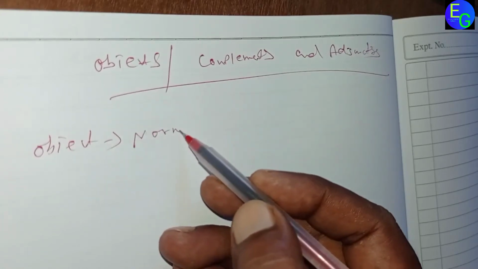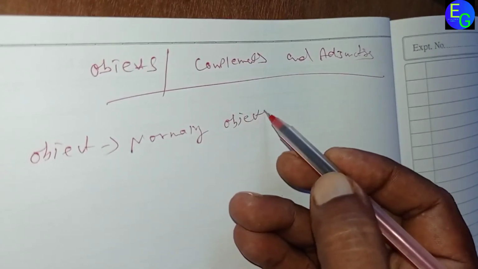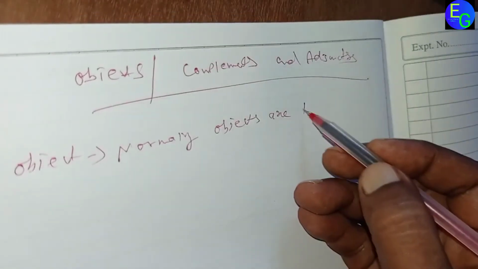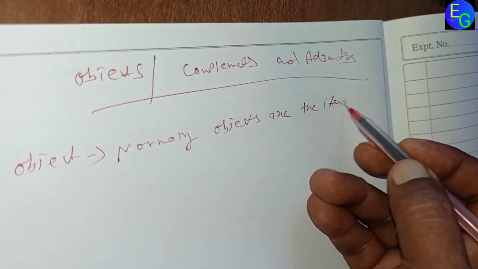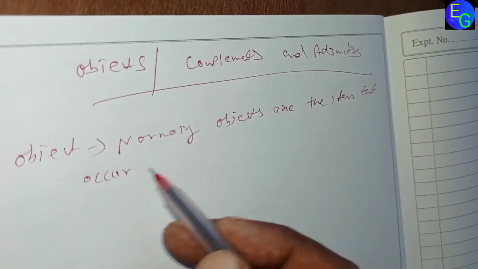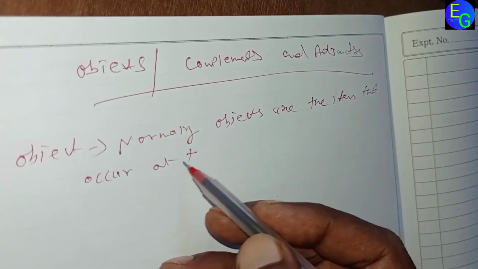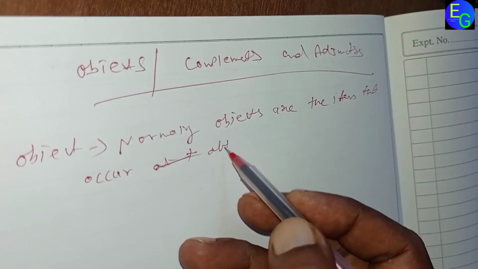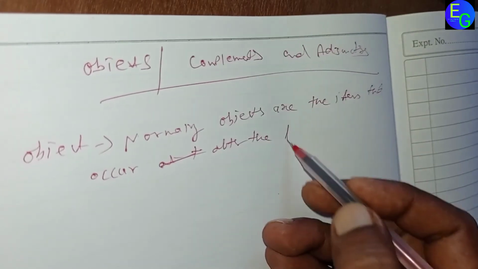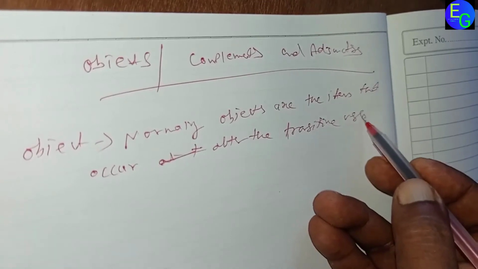Normally, objects are the items that occur after the transitive verb.